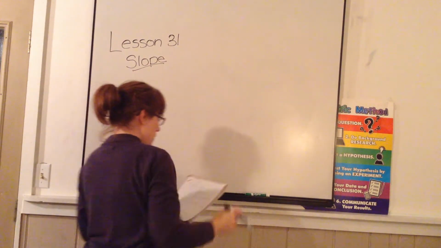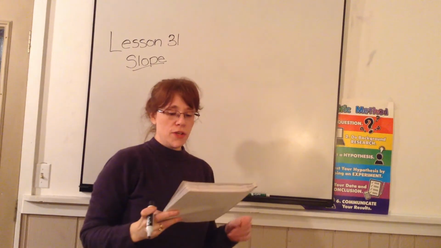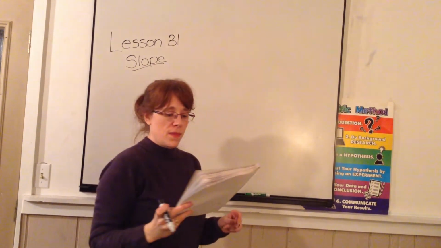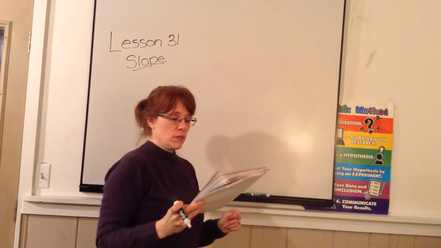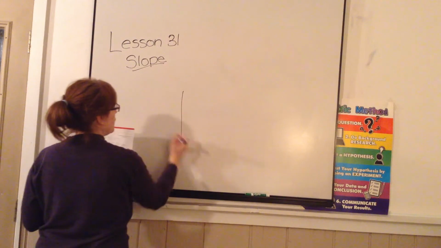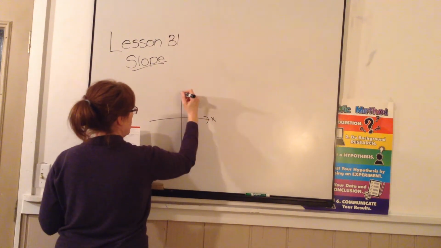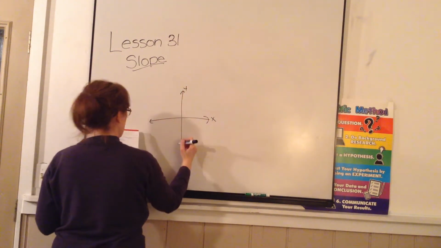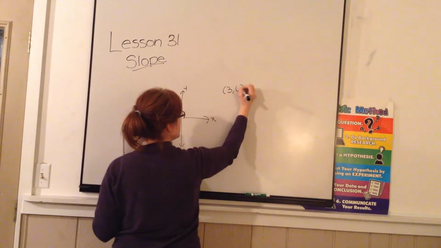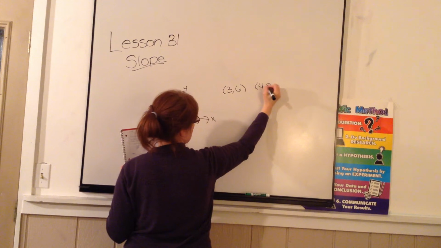All right. The other thing that they want you to know how to do is, if you know 2 points, you can find the slope. So here we have a graph, and we have the points (3, 6) and (4, 8).